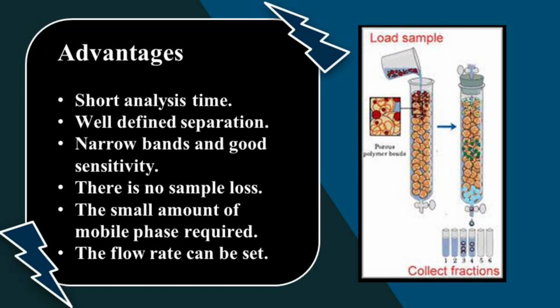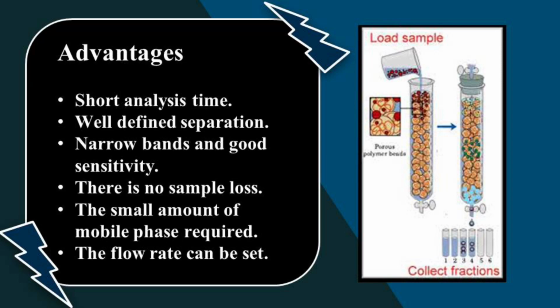Gel filtration chromatography, or size exclusion chromatography, offers several advantages that make it a valuable technique in the field of biochemistry and molecular biology. Some of the key advantages of gel filtration chromatography are short analysis time, well-defined separation, narrow bands and good sensitivity, no sample loss, the small amount of mobile phase required, and the flow rate can be set.